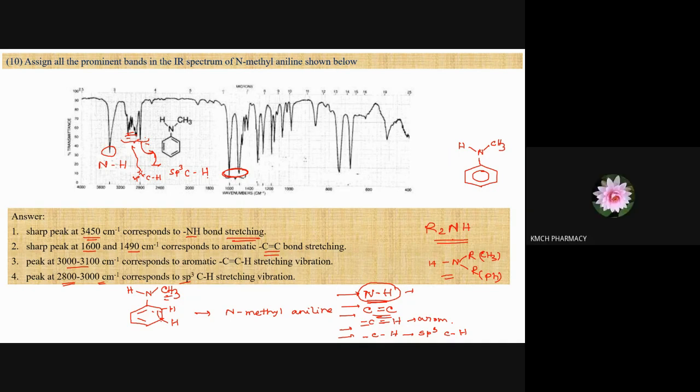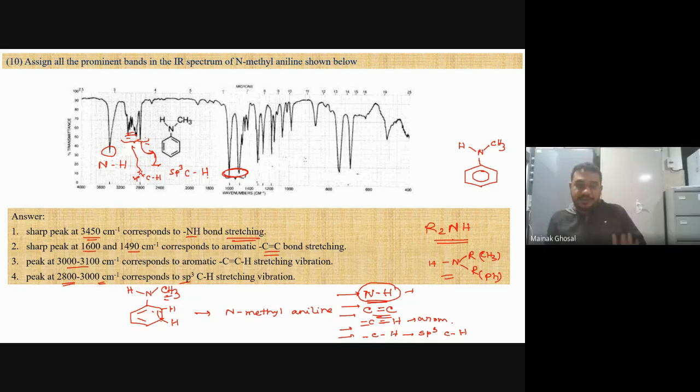Multiple lines are coming, and you need to choose which one you want, so you get the wavelengths singly. That's why you use a monochromator. Otherwise, all the light will come at a time.